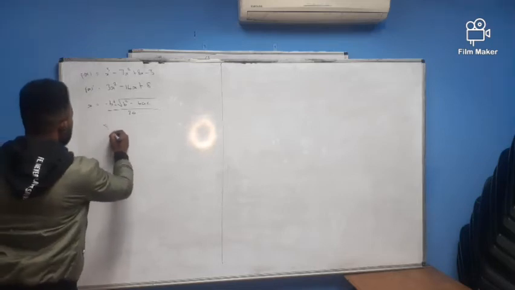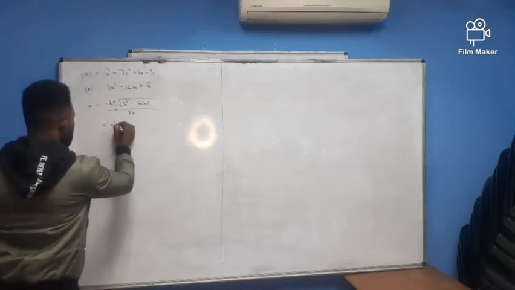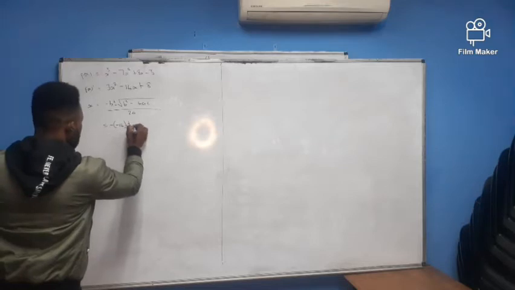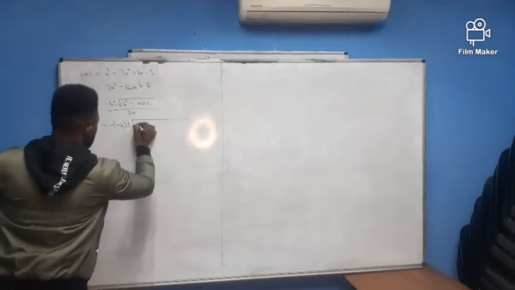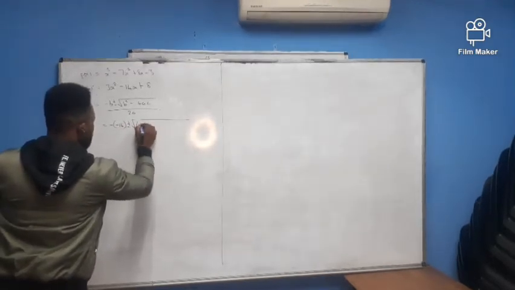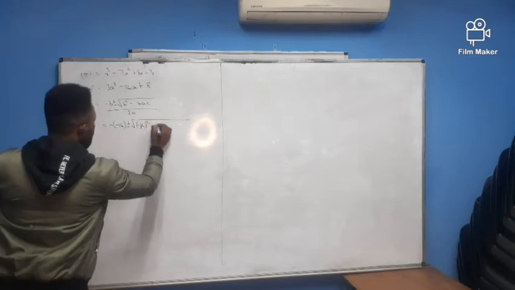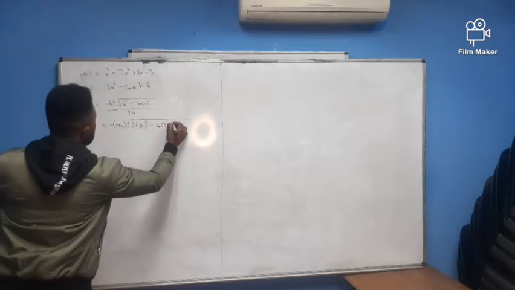So I have my value of b, which is minus 14, plus or minus the root of minus 14 squared minus 4, my a is 3, and then my c is 8.